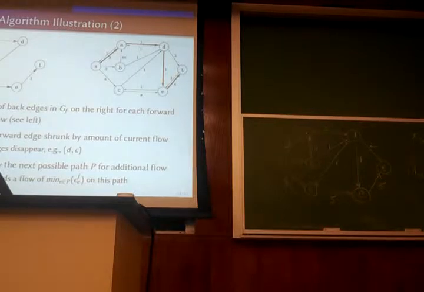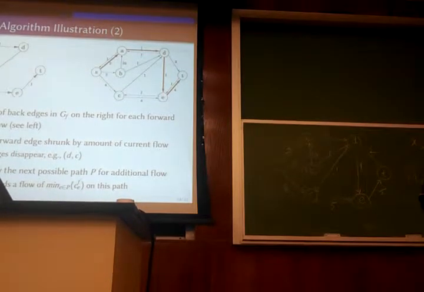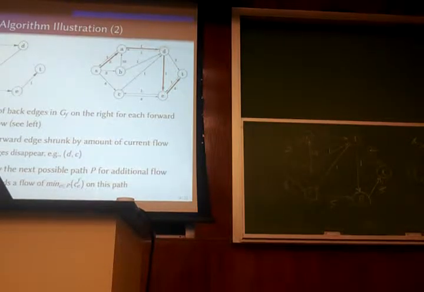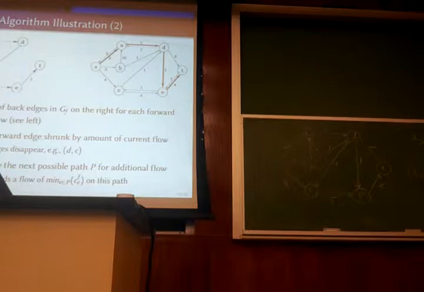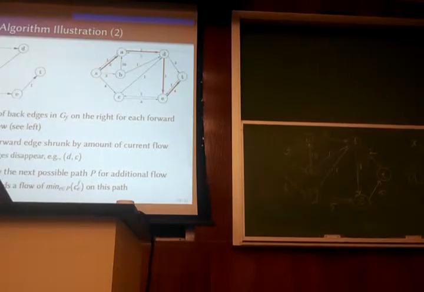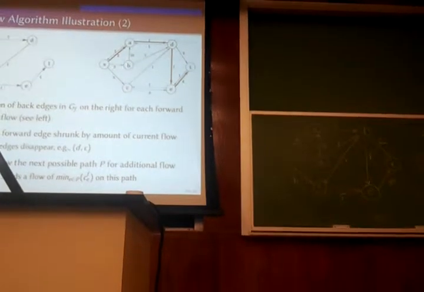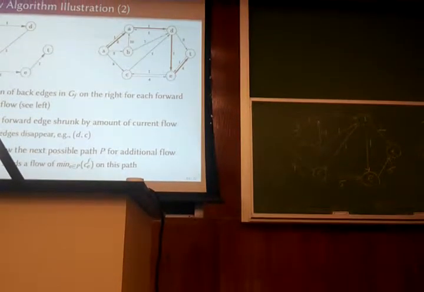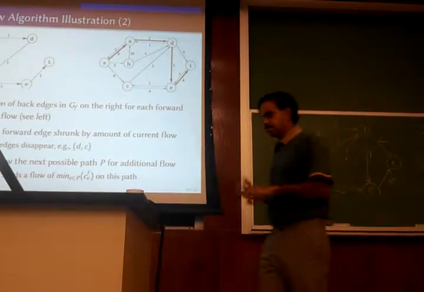That's what we want, because we want to allow ourselves to recover from, quote-unquote, mistakes we might have made, right? We might have taken the wrong path, sent flows in some direction that in the final solution turns out to be counterproductive, and then we want to be able to invert that, and that's why we are adding these reverse edges so that we can find paths where things are flowing in the reverse direction.